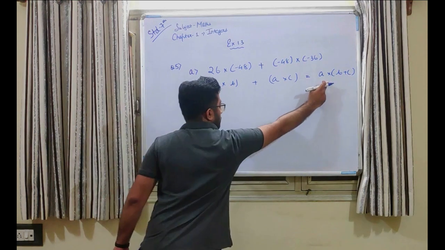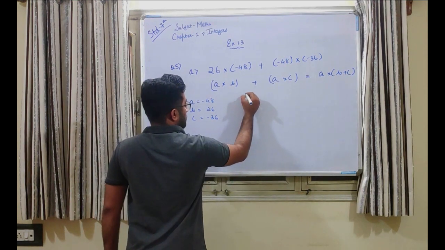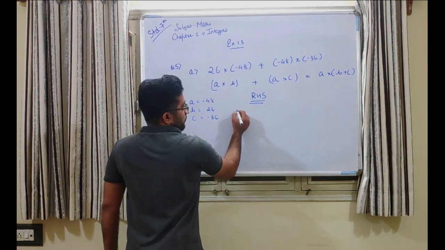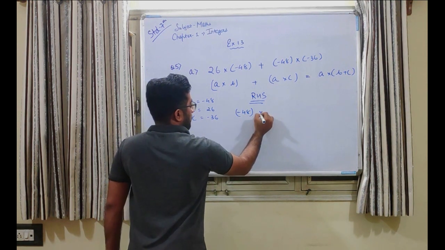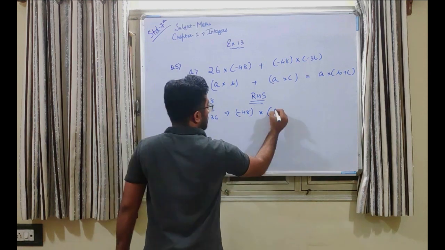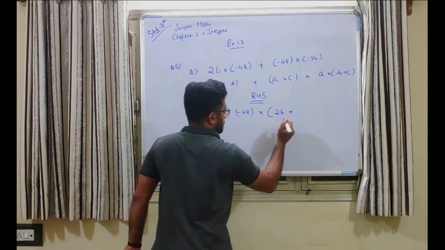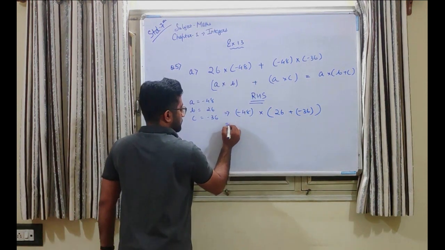Now we will put the same here. Putting these numbers on the RHS side, we will solve it. Minus 48, that is A, multiplied by B, that is 26, plus minus 36. We will put a bracket in order to give it respect.